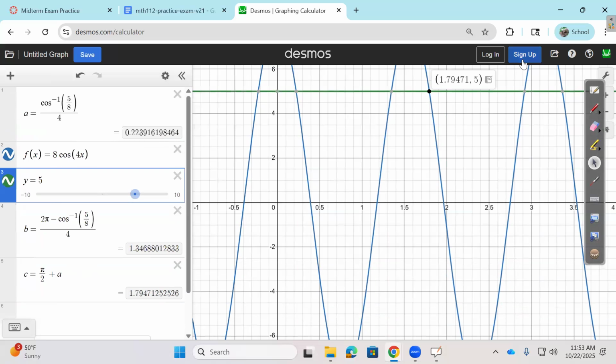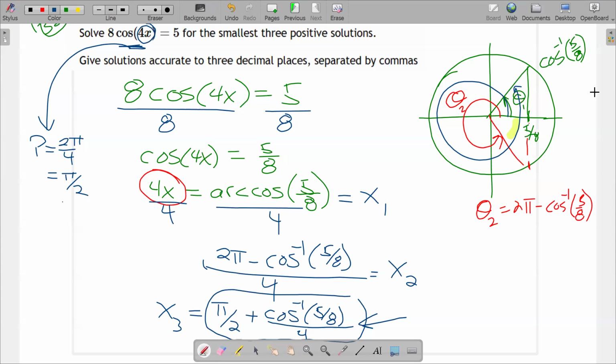So if this problem was on the exam and you just typed it into Desmos and then just wrote those down with no work, I wouldn't be able to give any credit. I'm hoping to see something like this here, showing that you can find at least the first 2 solutions, the ones that are related to my θ1 and θ2 on the unit circle.